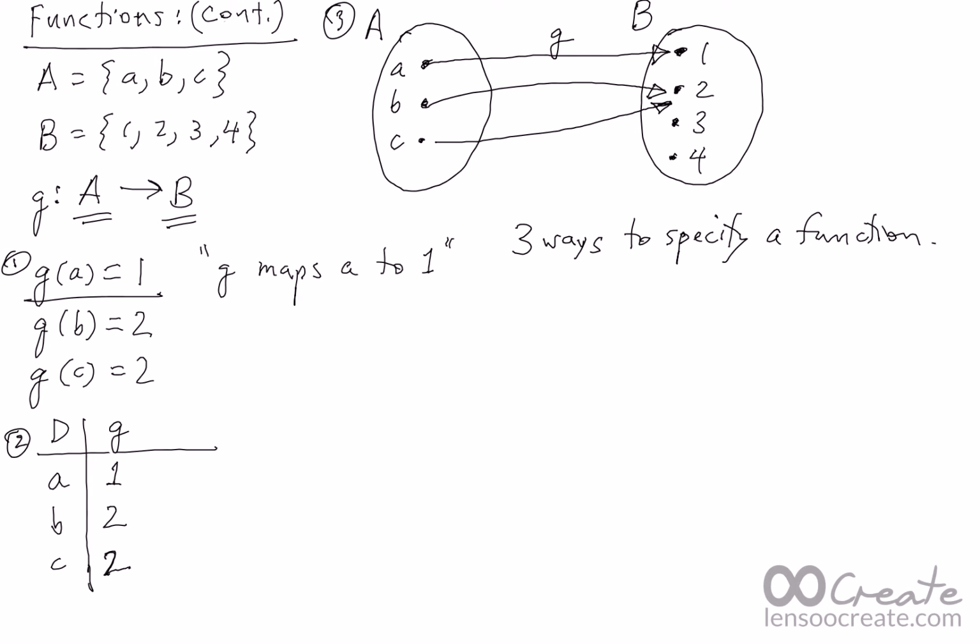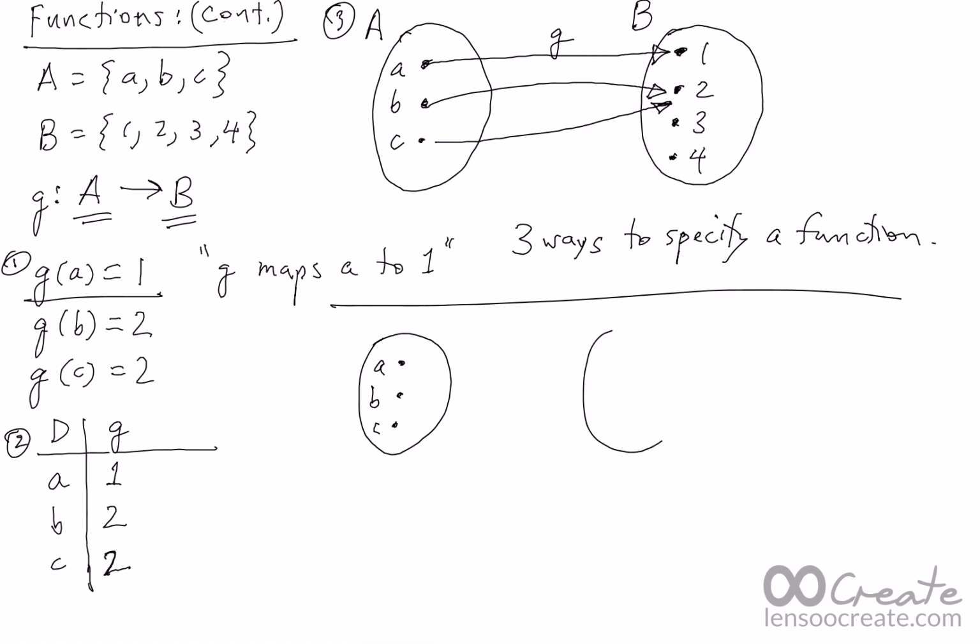So for example, if I use the graphical technique, suppose I wanted to define another function from A, B, C to 1, 2, 3, 4. Suppose I wanted to map a to 2, and I wanted to map b to 3, and c to 4, let's say. If I also drew an arrow that mapped a to 1, then I'd have a problem.